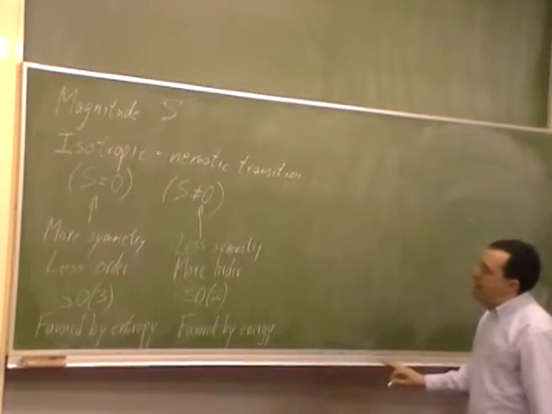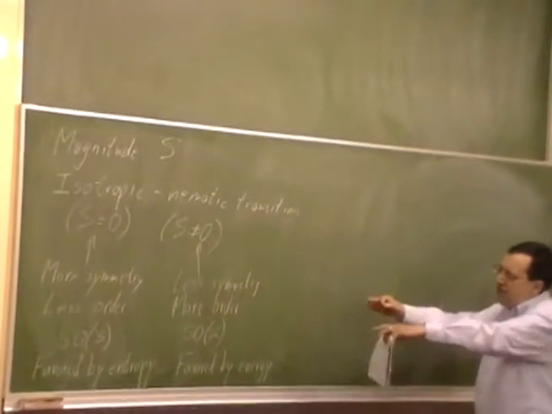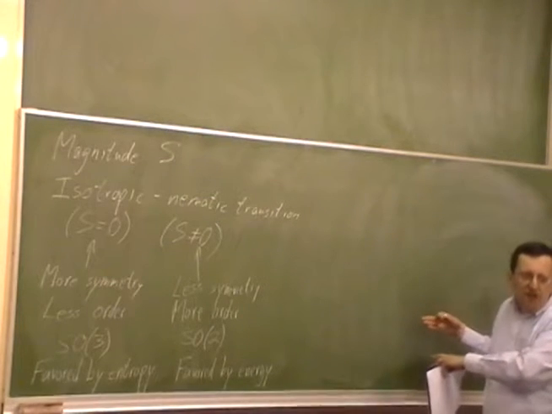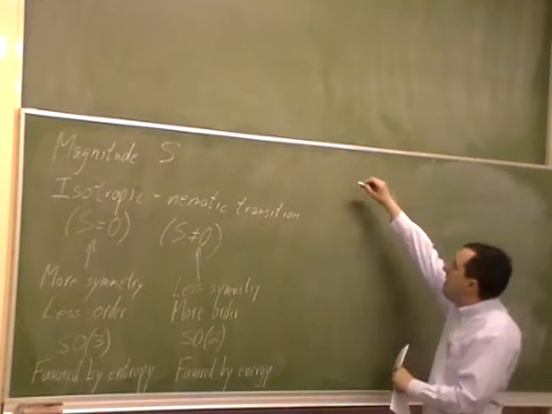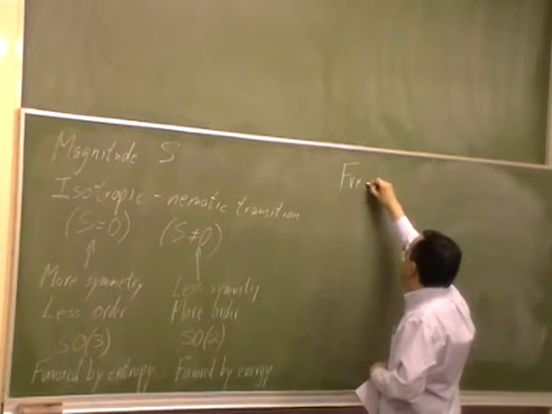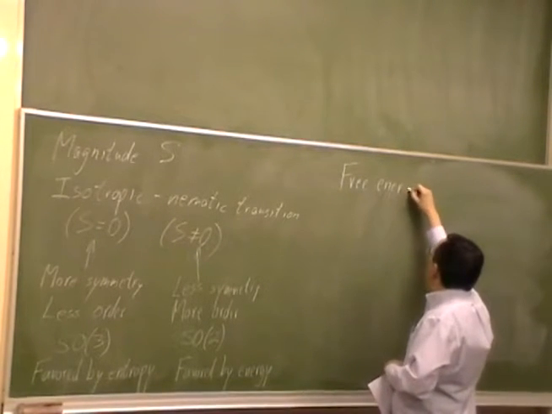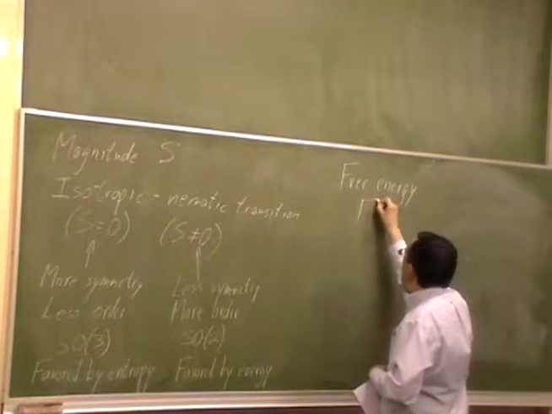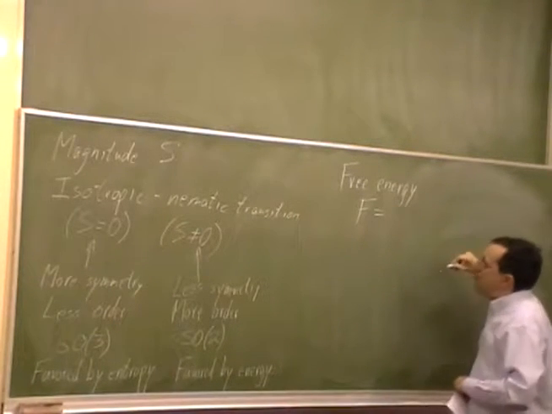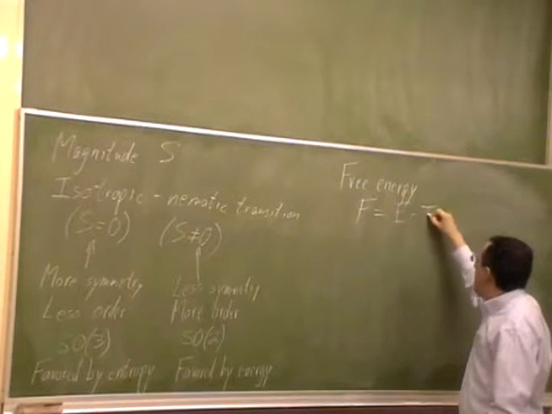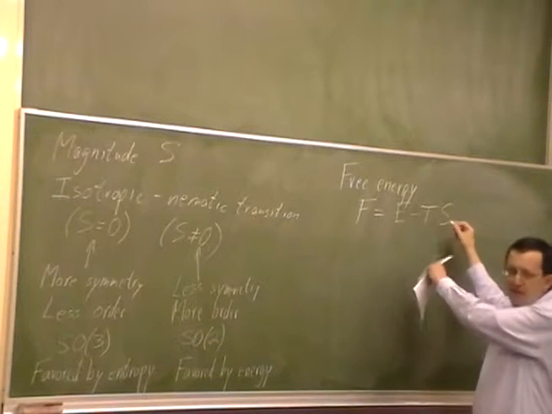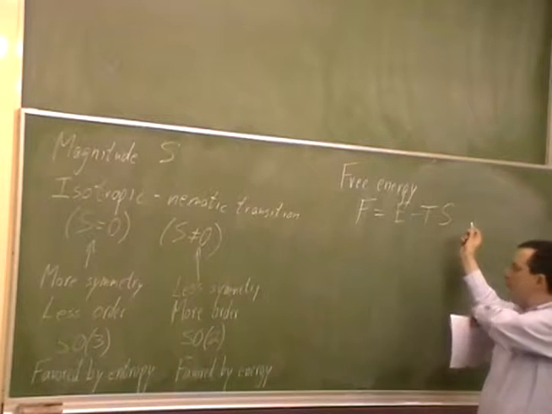And so when you combine the energy and entropy together to form the free energy, as you will recall from statistical mechanics classes, it's the energy minus temperature times entropy.